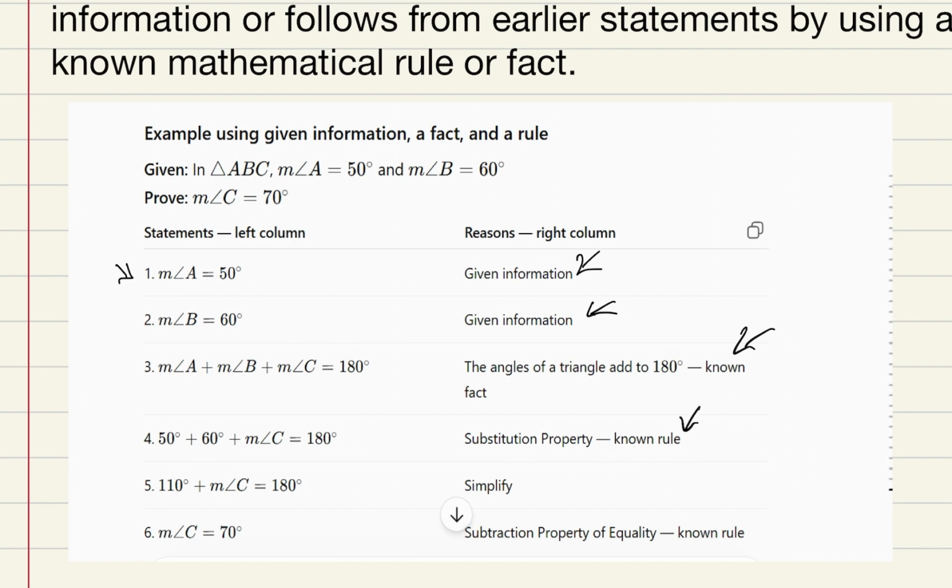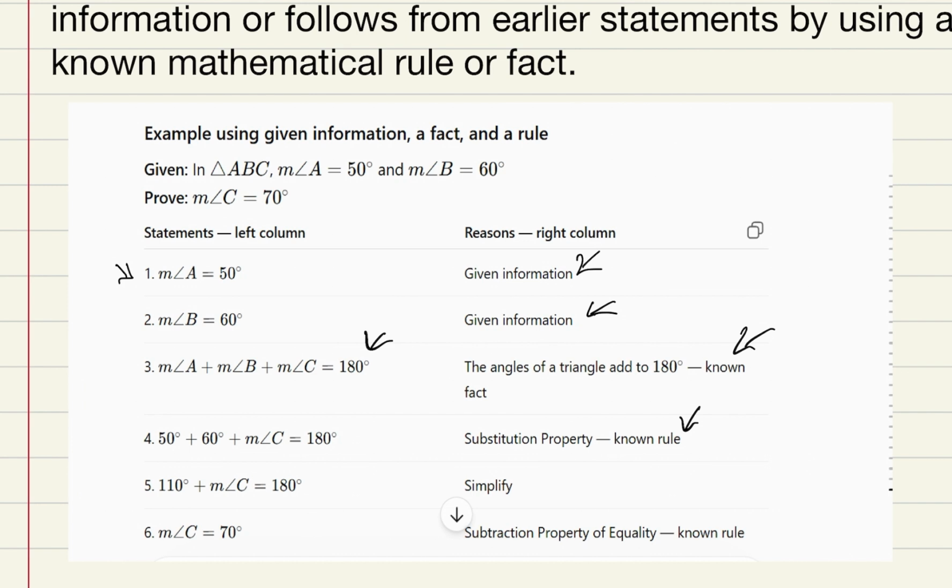And the reason we call it a rule is because we're following steps from before. So that's what the difference is from a fact. A fact is given information. We know that this is true. A rule is something we follow based on prior information. So if we look at number 3, measure of angle A plus measure of angle B plus measure of angle C is equal to 180 degrees.